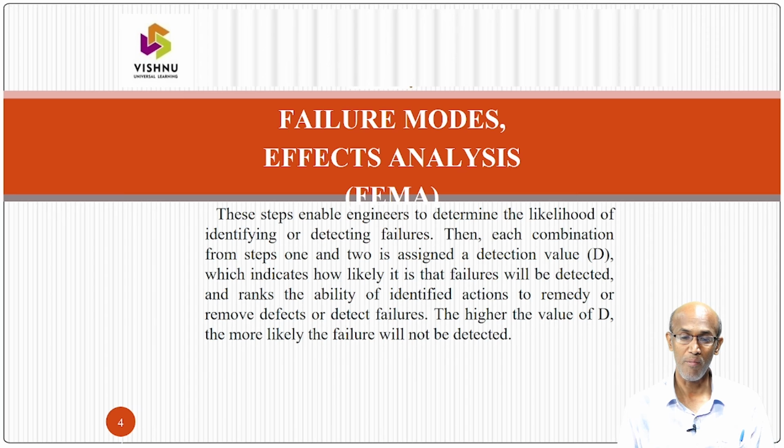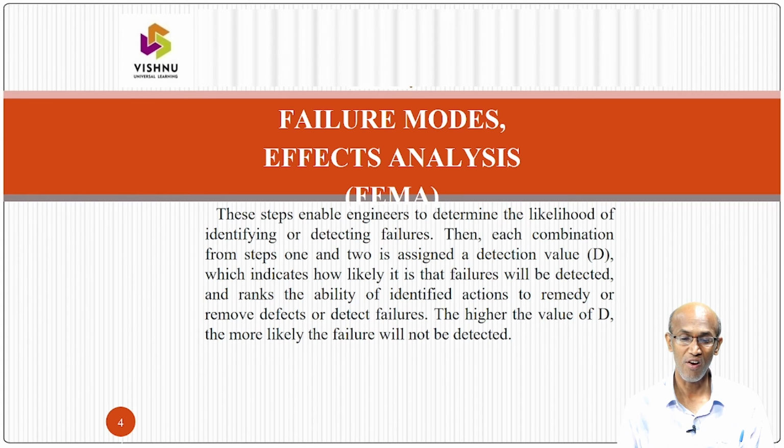Then, each combination from steps 1 to 2 is assigned a detection value D, which indicates how likely it is that failures will be detected and ranks the ability of identified actions to remedy or remove defects or detect failures.